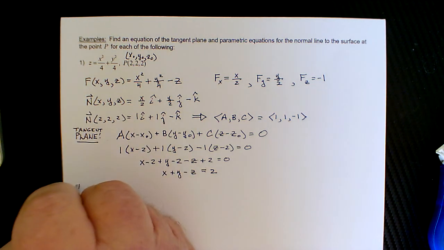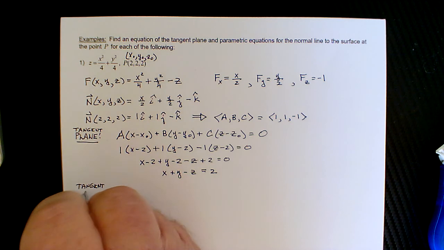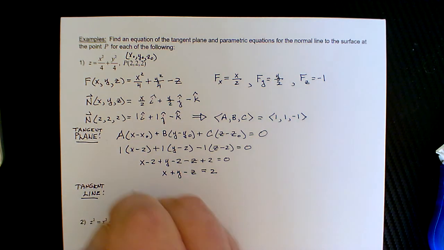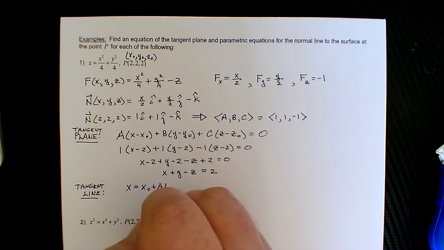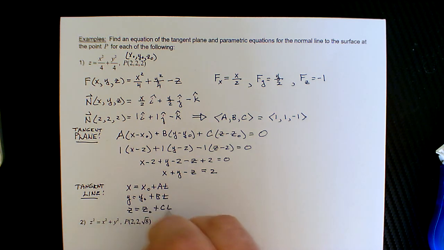Okay, and then the normal line is given by, again, x equals x sub 0 plus at, y is y sub 0 plus bt, and z is z sub 0 plus ct.